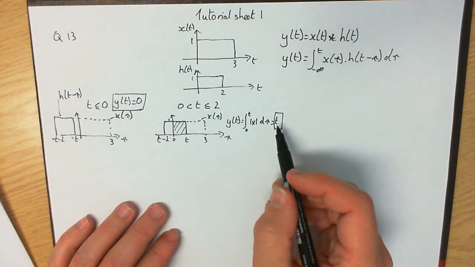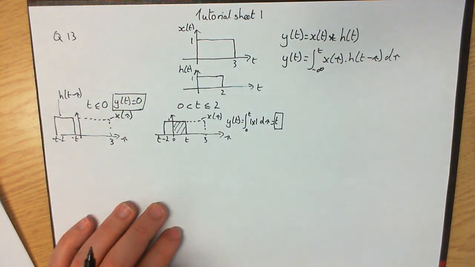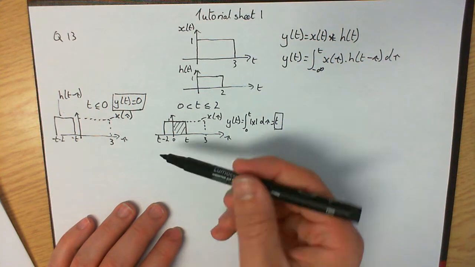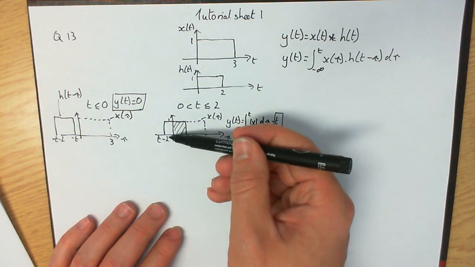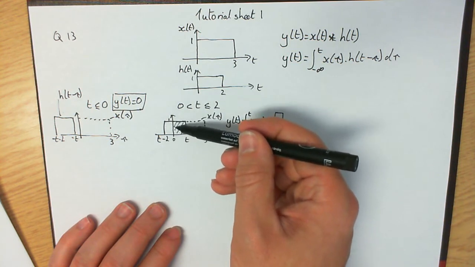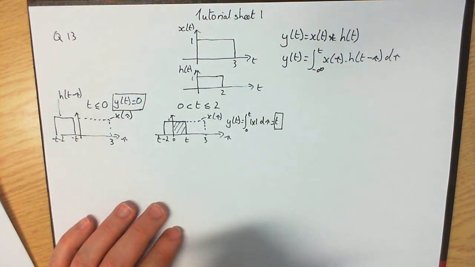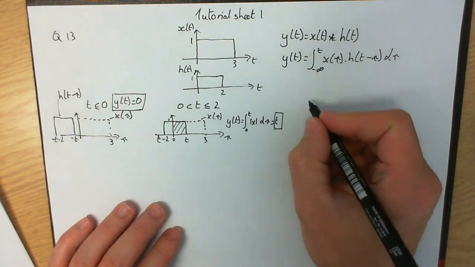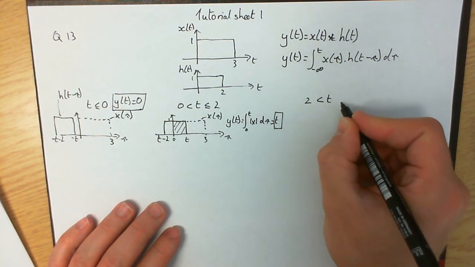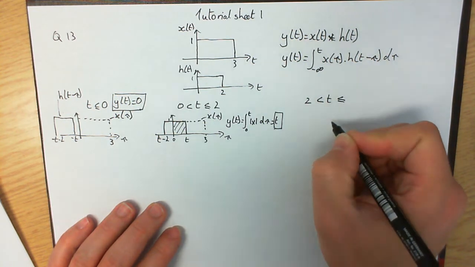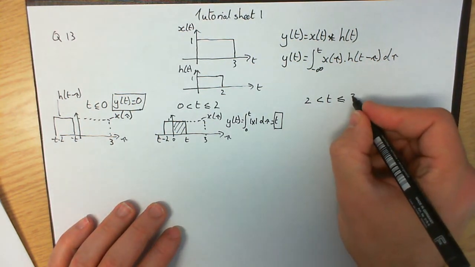Again, that's a useful function that we will need later. Again, as this function moves across, the next time something changes is when the trailing edge goes beyond tau is equal to 0. So the next region of interest is when 2 is less than t is less than or equal to 3.